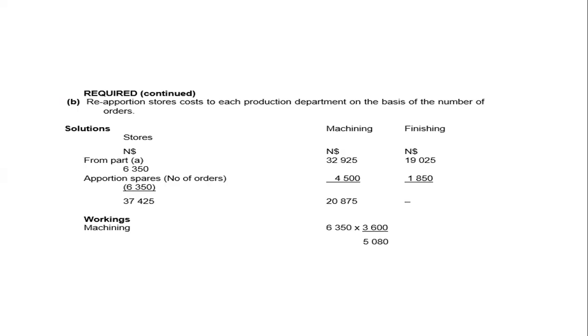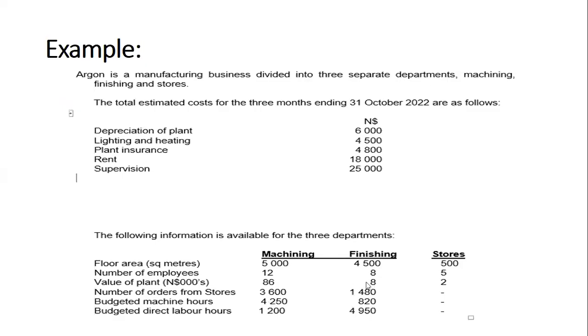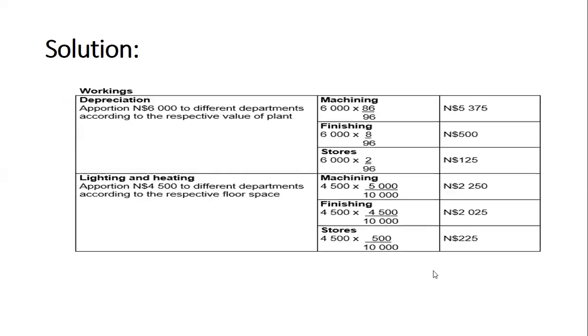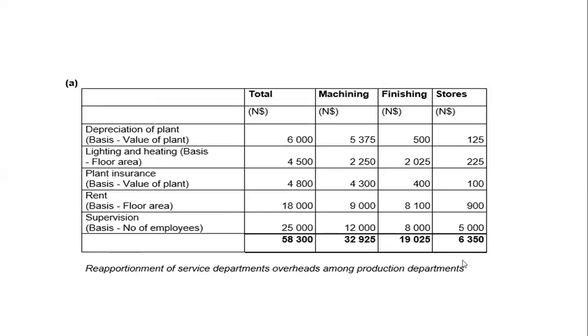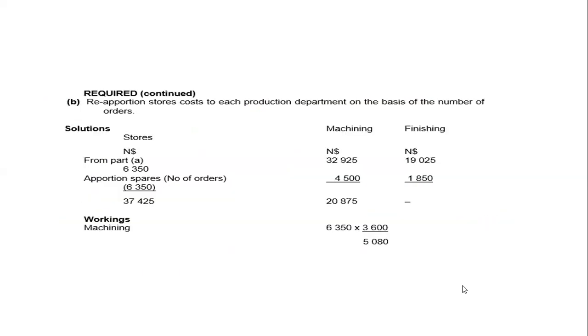We reapportion based on a certain basis, and mostly you'll be told on which basis to reapportion. In this case, we are told to use the number of orders, which means we take the number of orders, 3.6, divide it by the total and multiply by the total overheads for the service department. Okay, that is what we need to do.